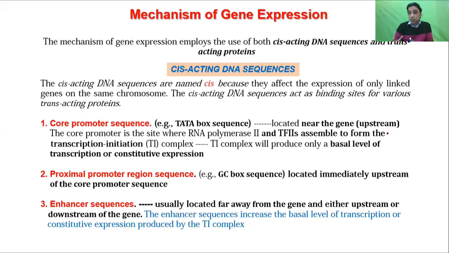The outcome of this regulation will define whether this cell will live like a kidney cell, or like an eye cell. So the difference between different cell types is embedded in the ability of the cells to regulate different genes, the expression of different genes.